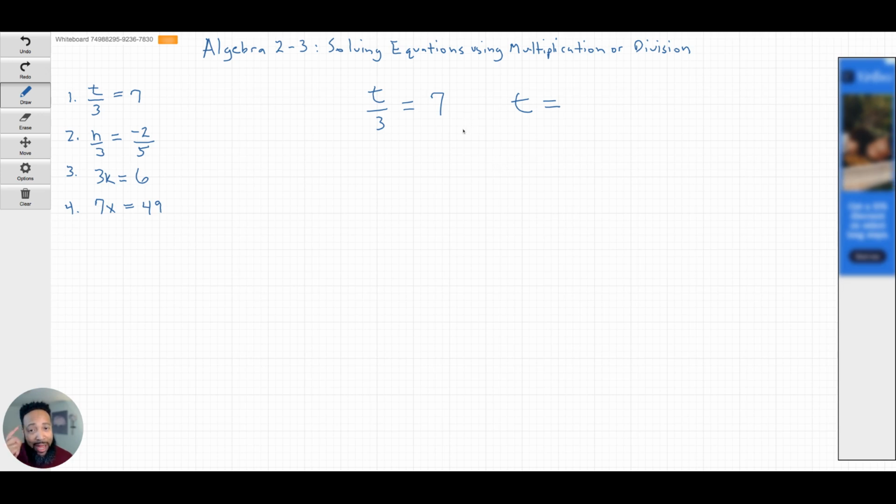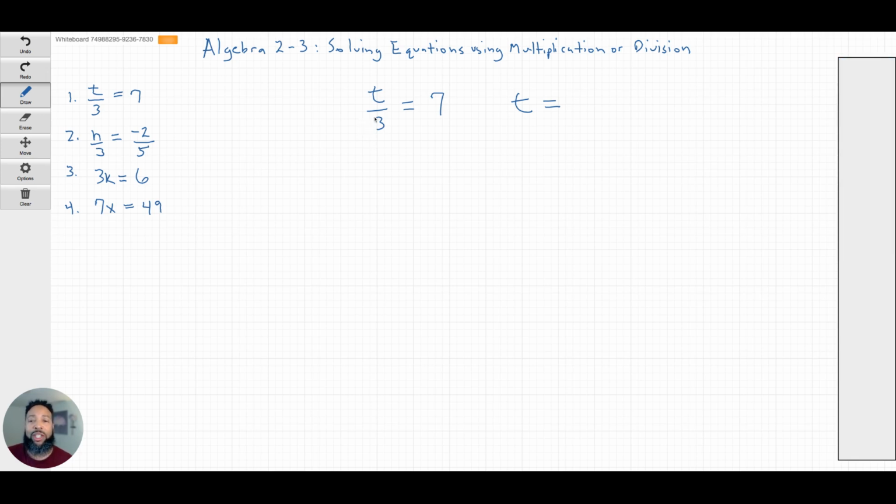So keep that in mind. Now we have t divided by 3 equals 7, where we want to get this t by itself so that it looks like t equals, but there's a divided by 3. How do you get rid of that 3? Since it's divided by 3, you want to do the opposite, which is multiply everything by 3.